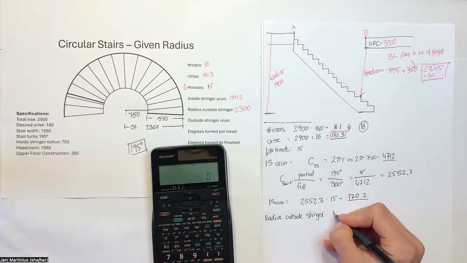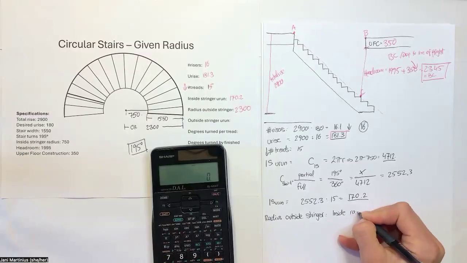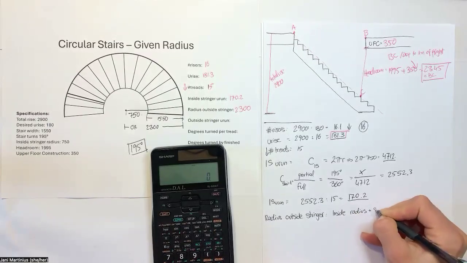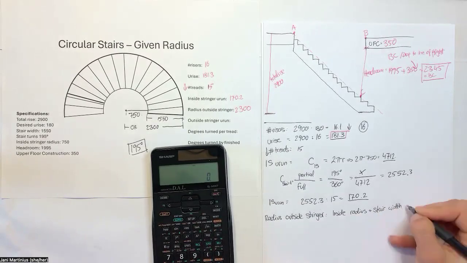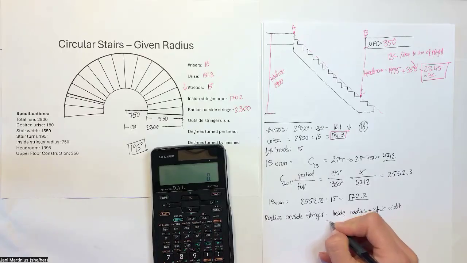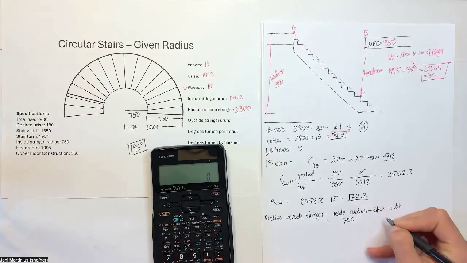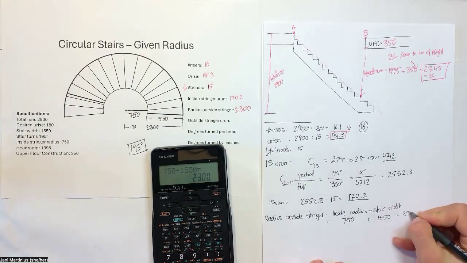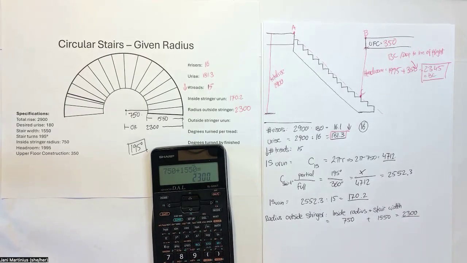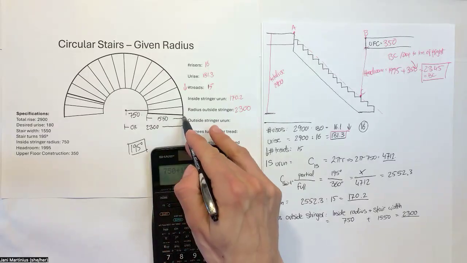We have the inside radius plus our stair width. So that's our 750 plus our 1550, which gets us 2300. Awesome. So that is the outside stringer radius, from the center all the way to the outside stringer.